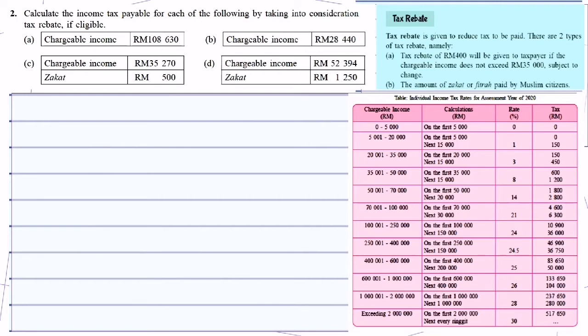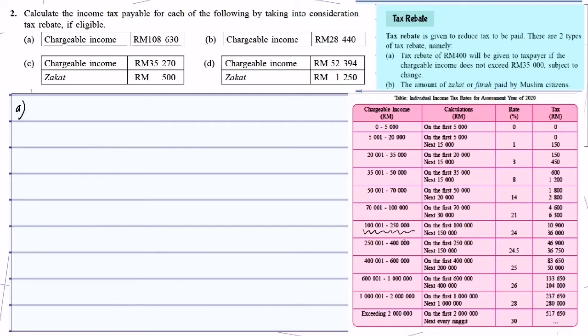Okay, so for question 2A, chargeable income 108,630 ringgit. So we refer to this one. Okay, the amount is between 100,000 to 250,000.